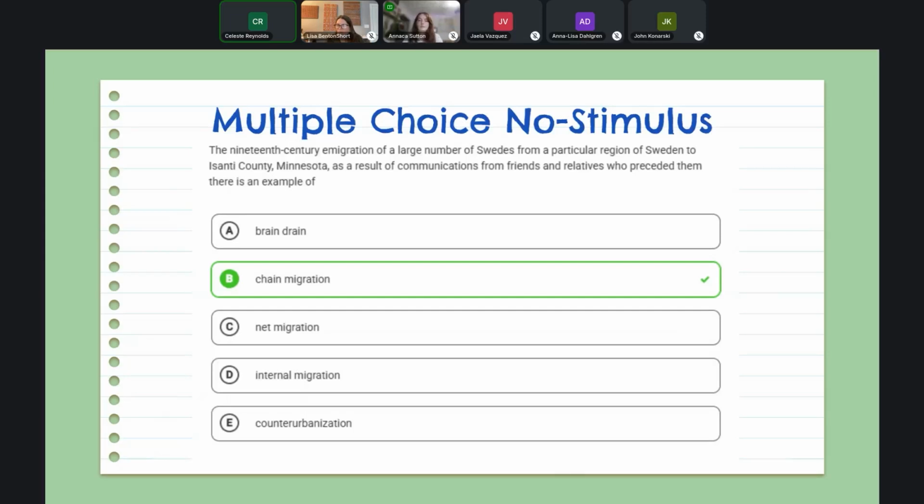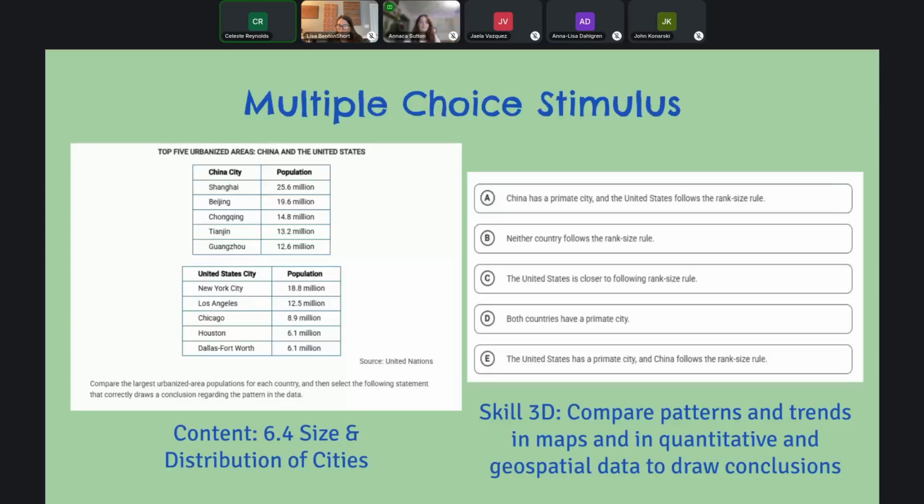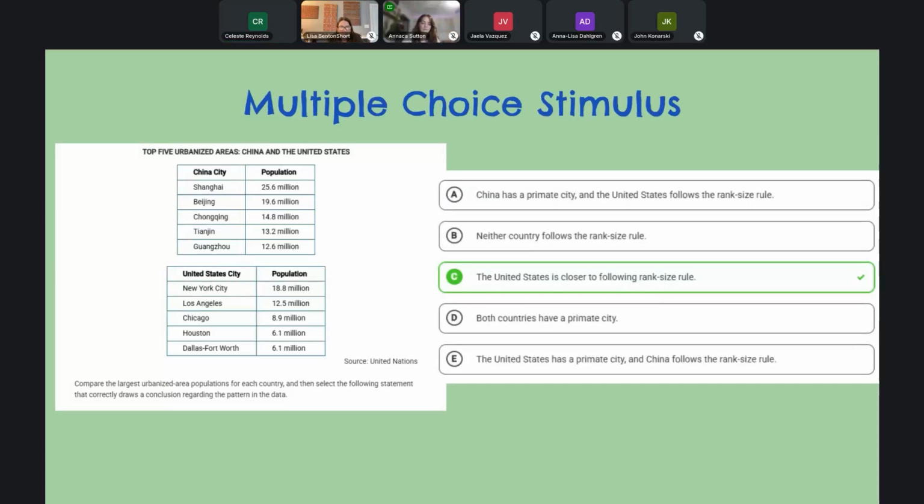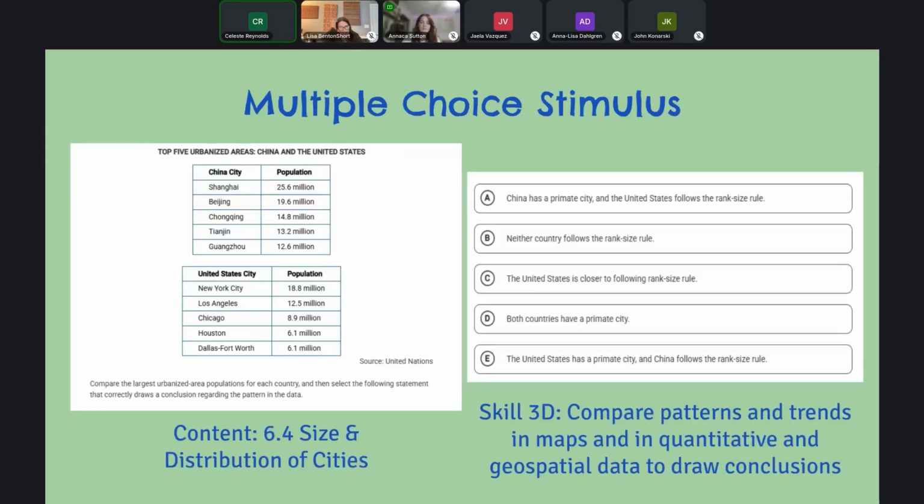Okay, next slide, please. So here's another example of a multiple choice with stimulus. And if you can click one more time. Oh, okay. I guess if you can go back, sorry about that. I thought I had put some arrows in, but I'm trying to show them how to read what the stimulus is asking, what does the stimulus have, then read your question.